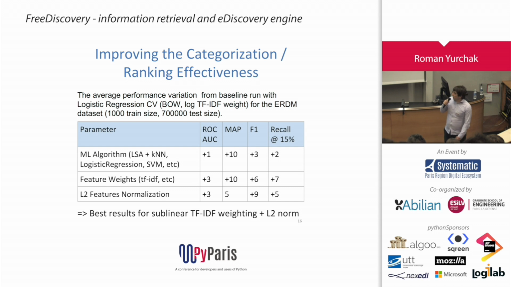And what we see is that there isn't a single part of the pipeline which impacts performance, but essentially all parts do. Depending on the algorithm and its parameters, you might get different performance, but as well the feature engineering matters a lot in this case.